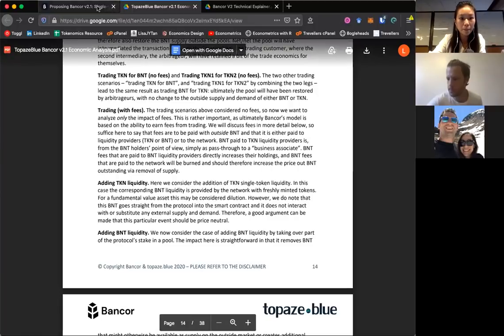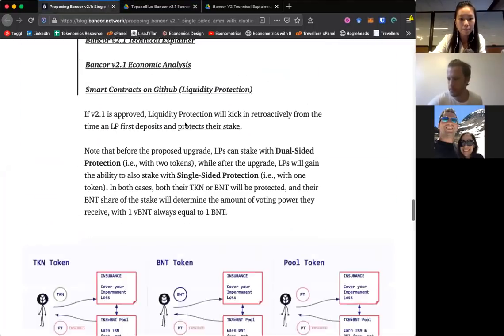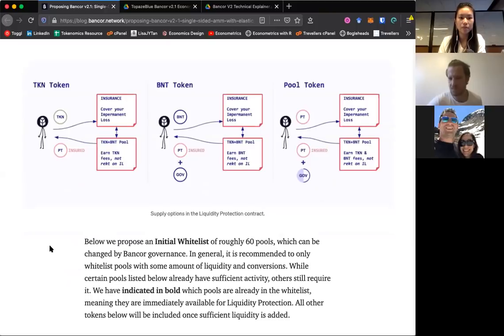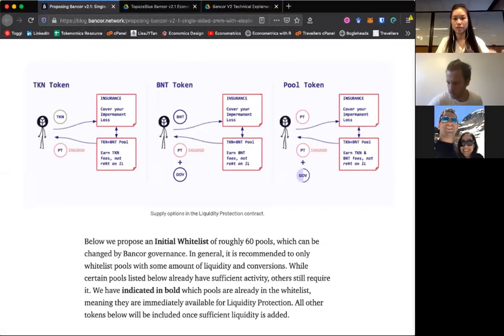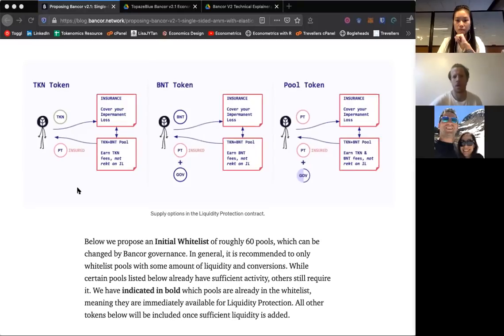When you unstake your protected position, the easiest way for the protocol to handle it is that the equivalent of your position is minted in BNT, and the pool tokens that were allocated for your position are now held by the protocol.